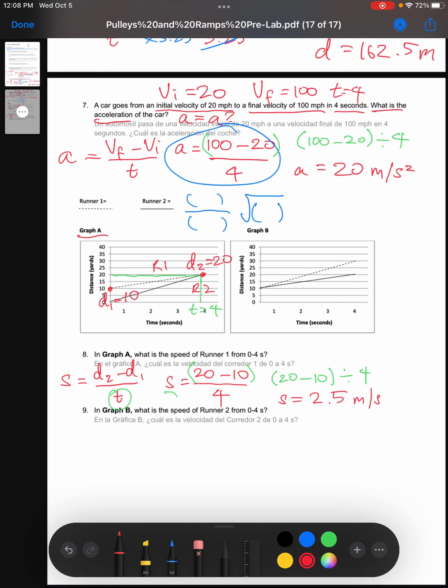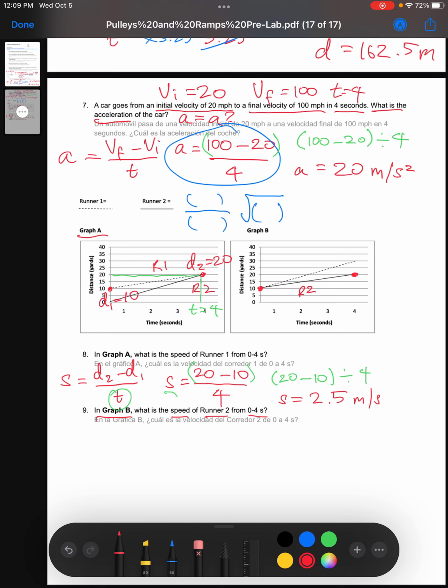All right, so finally let's answer question 9. Question 9 says, what is the speed of runner 2 in graph B from 0 to 4 seconds? Runner 2, that's this runner down here. Runner 2 went from this point here to this point here.